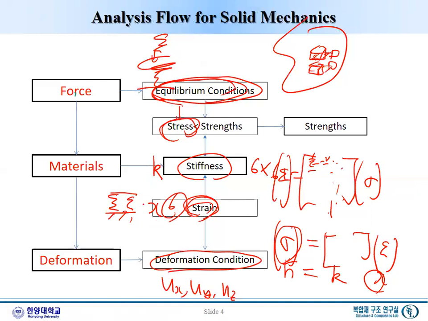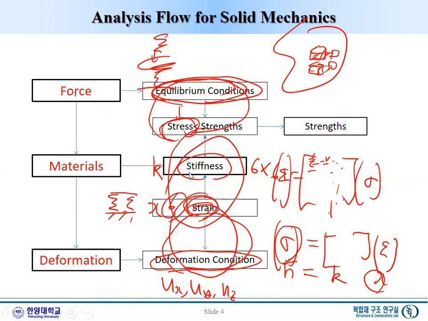We cannot have arbitrary deformation. So this is the whole story. We have to meet this equilibrium, we have to meet this stiffness material property, and we have to meet the deformation condition. That's how material will deform under external forces. Every material, everything, we have to follow this physical meaning. Okay?